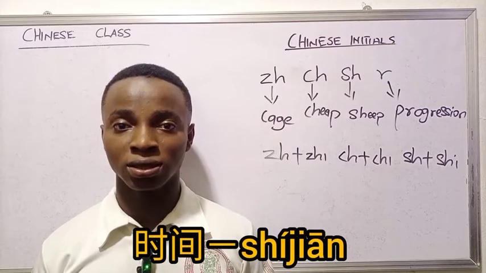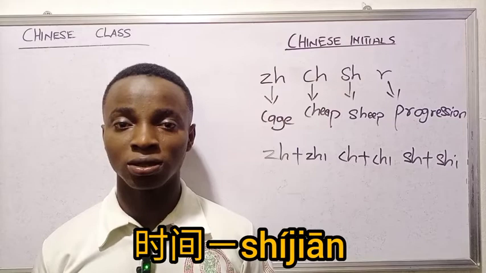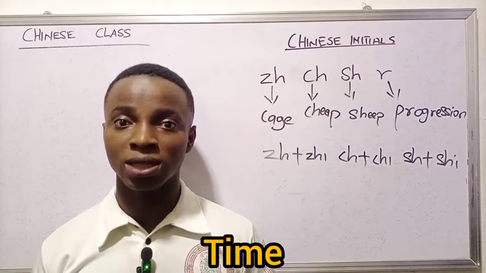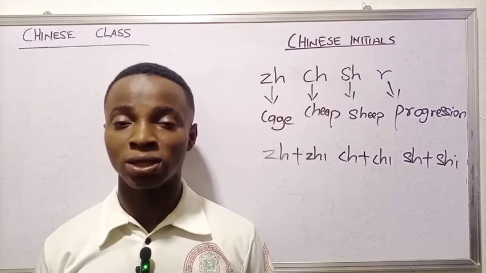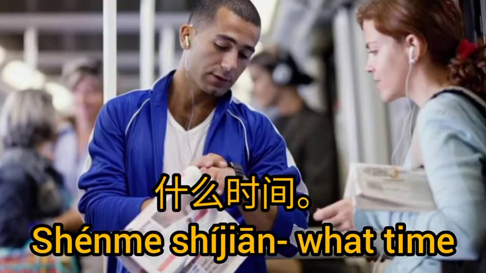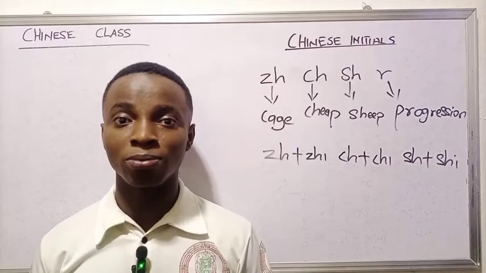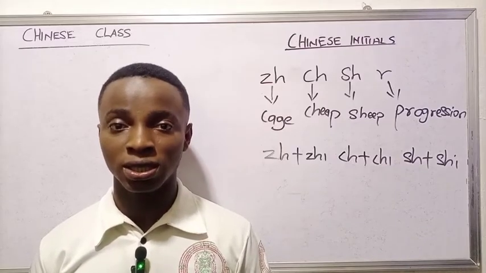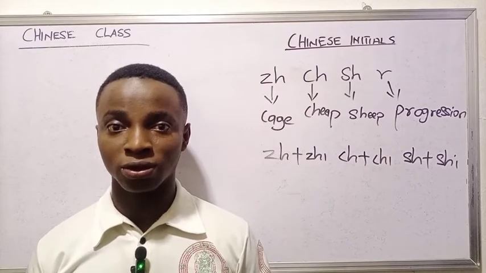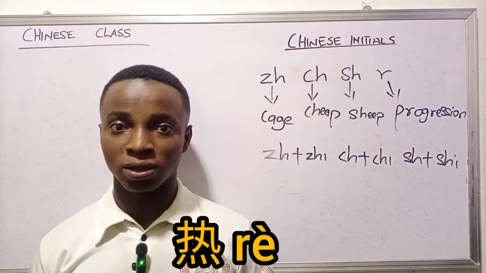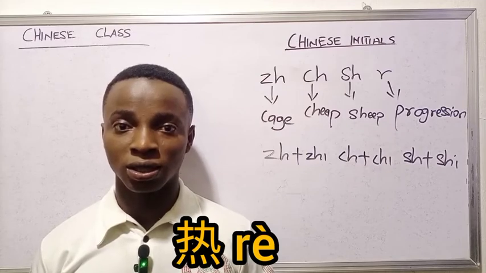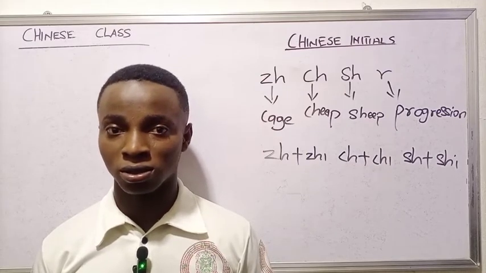时间. Repeat after me. 时间. 时间 literally means time. For example, if I want to say what time, 什么时间. 什么 means what, 时间 means time. Beautiful. Then the next word is 热, meaning hot.